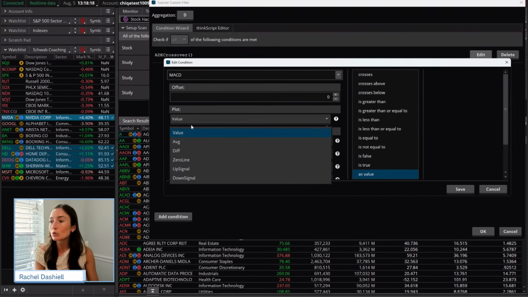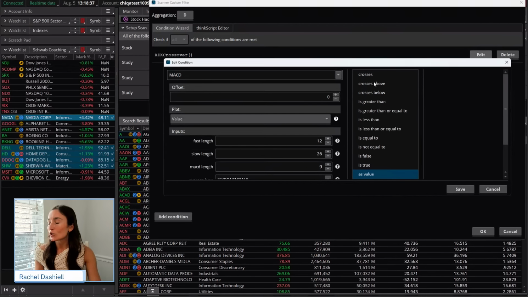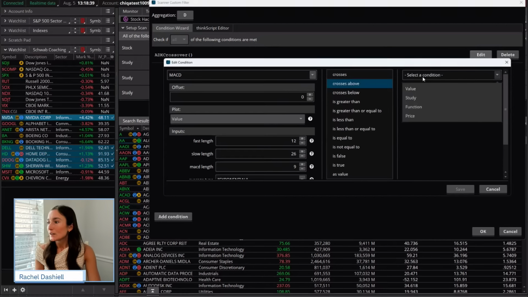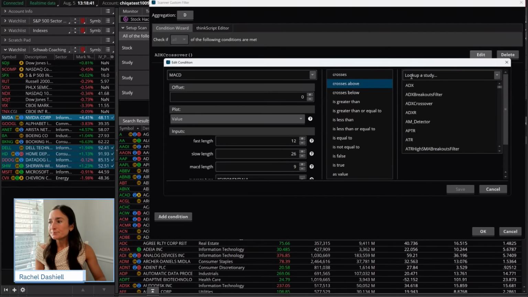But in the future, if you are double checking the plots of what you want in your scan, you may have to make note of those on the edit studies window. So that's what I did in this case. So we're going to say the MACD value, because the value is the value of the MACD. That's the MACD line. And we're going to say crosses above, and we're going to select study again.